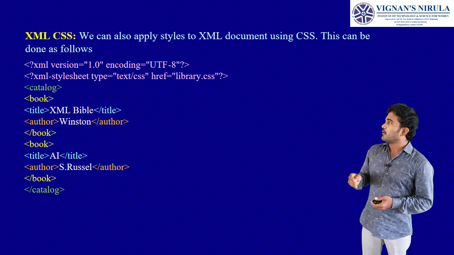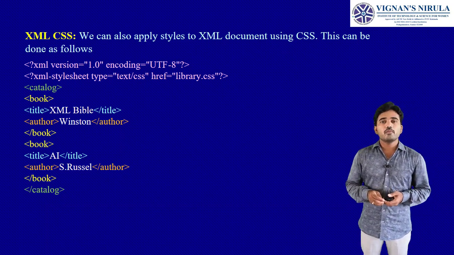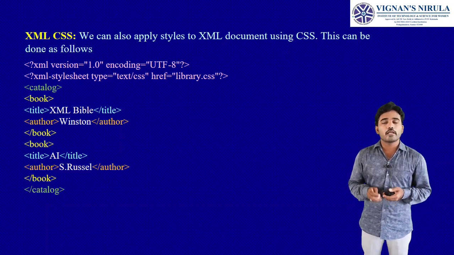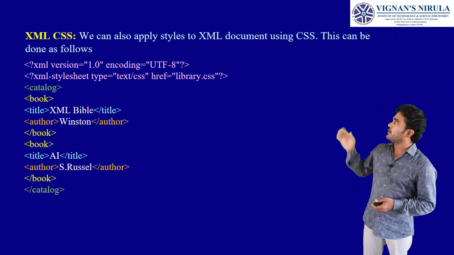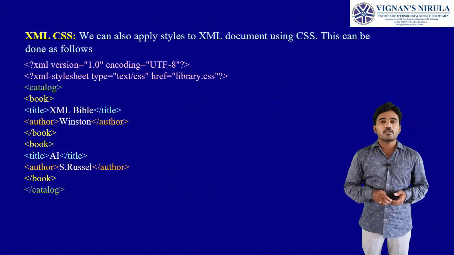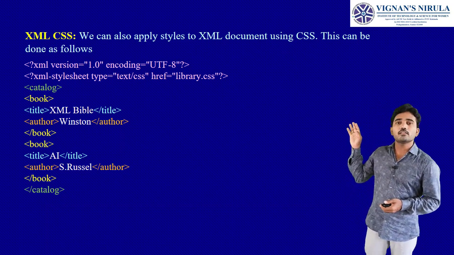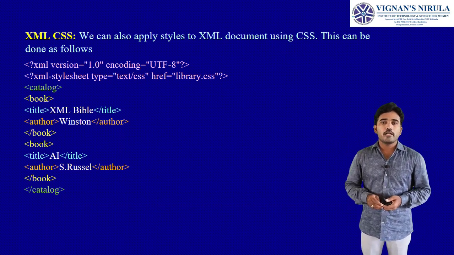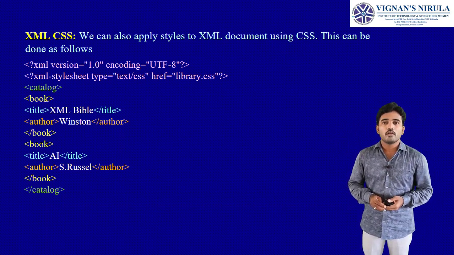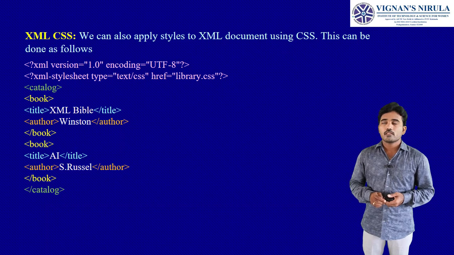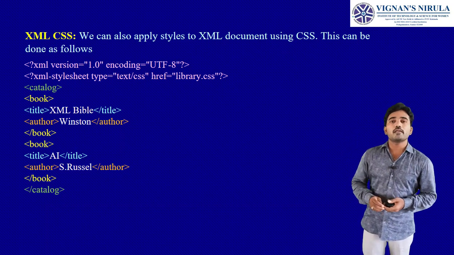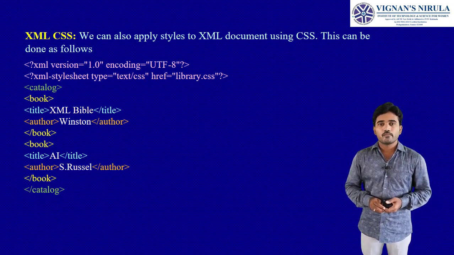See here, every time you are writing an XML document, you need to write the first line, that is xml version equals 1.0 and encoding equals UTF-8. Encoding is the attribute you must use, and its value is UTF-8, where UTF stands for Unicode Transformation Format. This first line is preceded and followed by question marks.